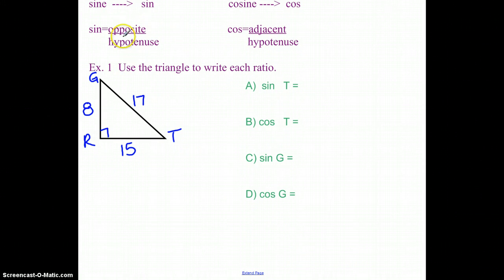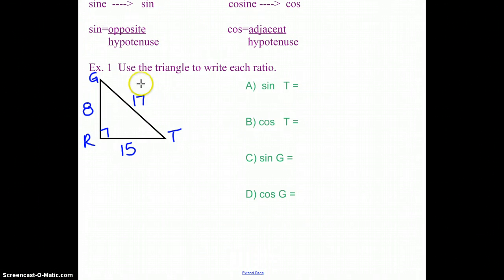Now a lot of our calculation is based on being able to look at a certain trig ratio, like sine, cosine, or tangent, and being able to figure out the sides that match up. So sine happens to be opposite over hypotenuse. Cosine happens to be adjacent over hypotenuse. And these are determined by actually looking at a certain relationship as far as a focus angle. So I'm going to show you how to do that.